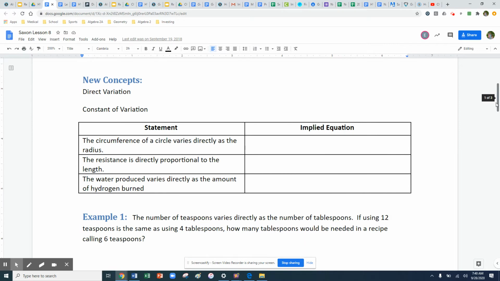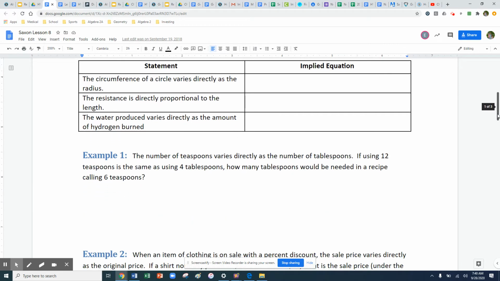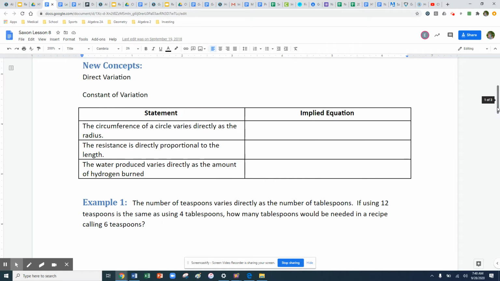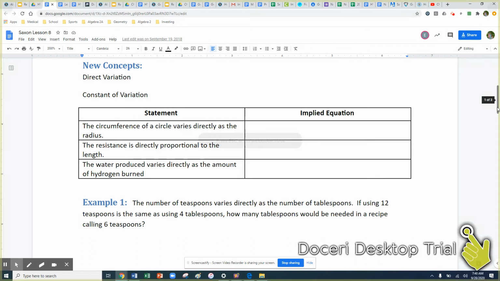Looking at the definition of a direct variation. So direct variation definition is where one variable, we'll call it y, is going to vary directly with x.